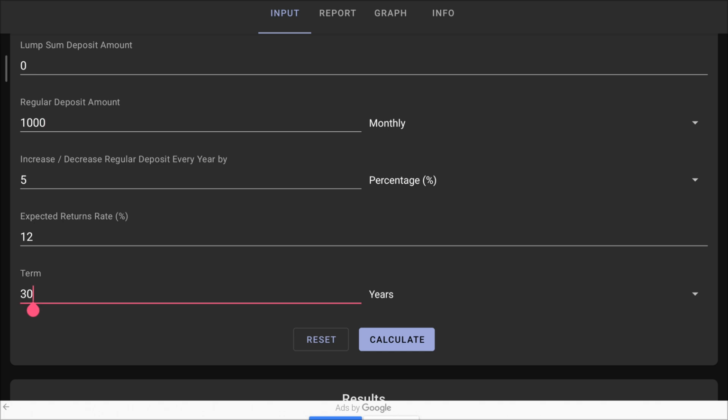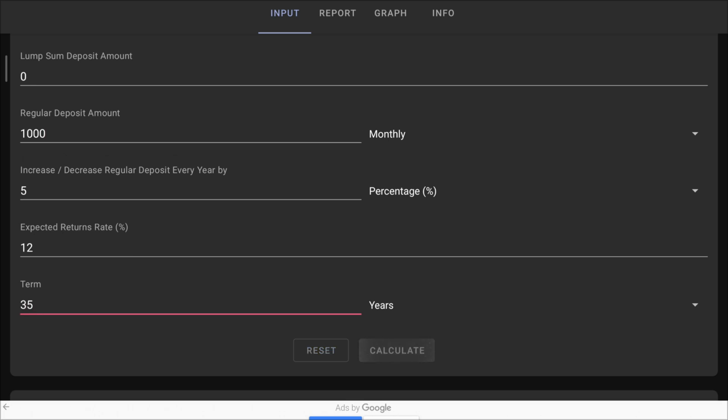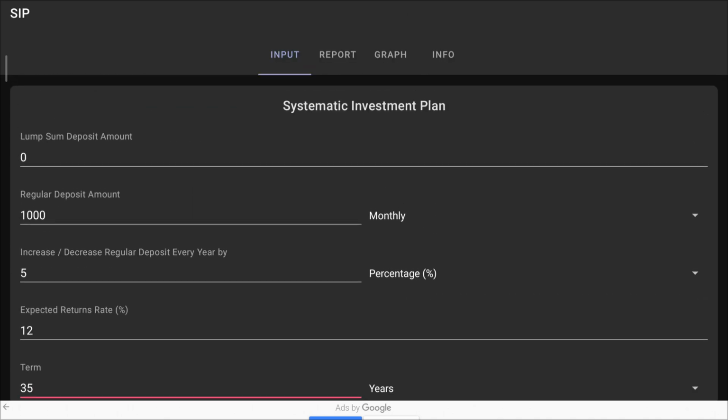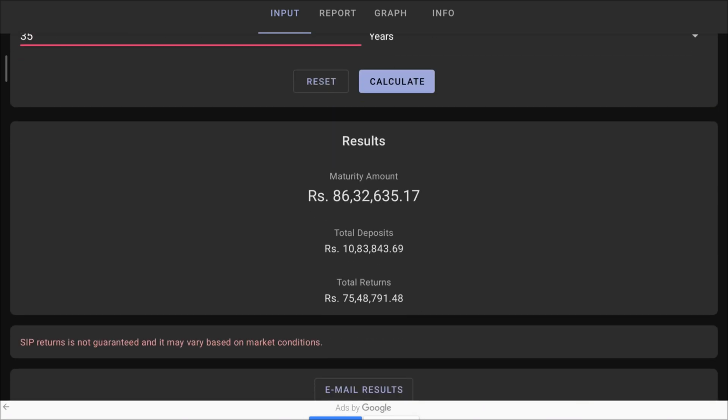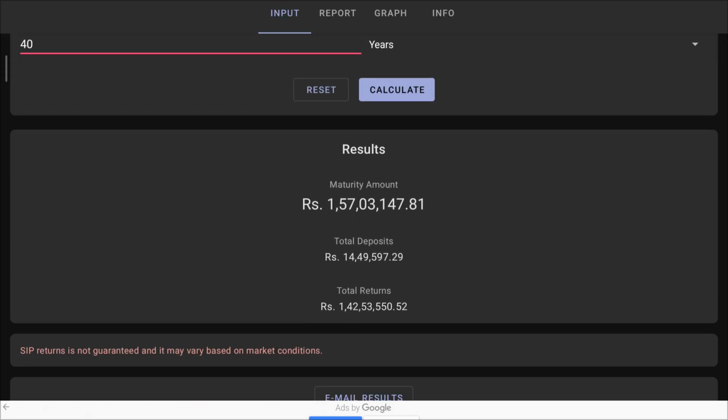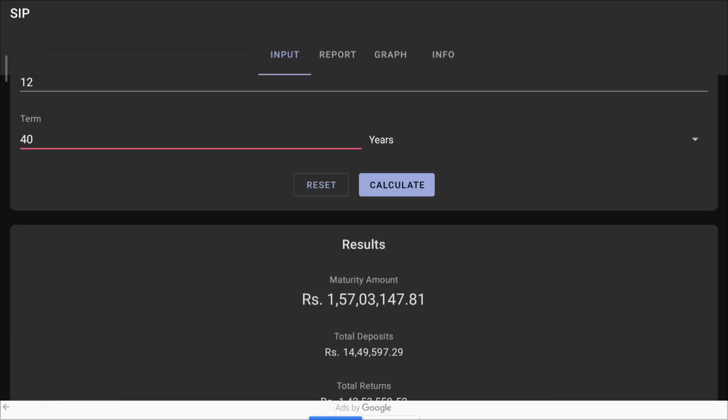If I just increase it from 30 to 35, let's see how it goes. It goes to 86 lakh rupees. And if I go to 40 years, it goes to 1.5 crore.